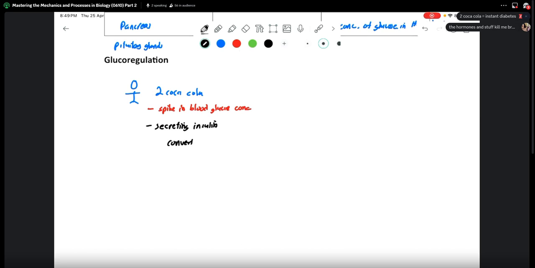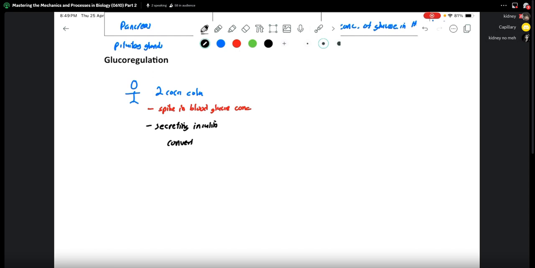This insulin will convert the glucose. And okay, tell me, where is glucose absorbed in our body? Which part? Glucose, liver. I would prefer kidney.